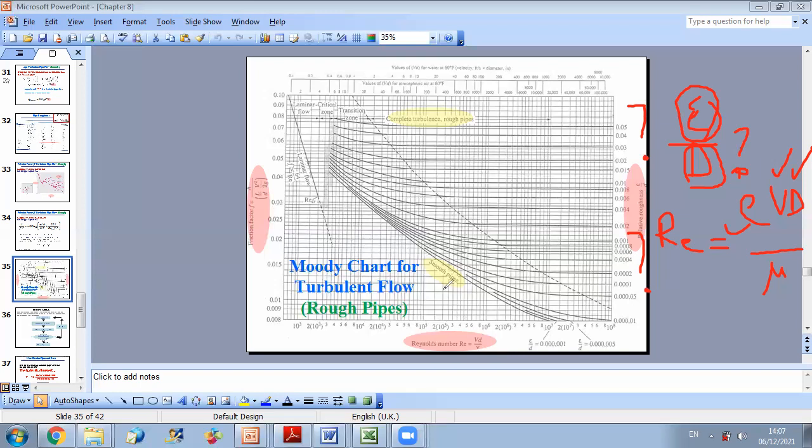For this d, once you assume it, you can get the Reynolds number and epsilon over d, and you compute f. So now, how can I know if f is right or not? I should compare the f I got from Moody with the f I calculated from equations. And I continue this procedure until convergence.